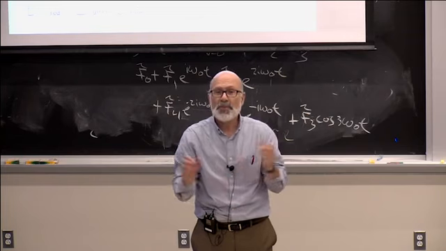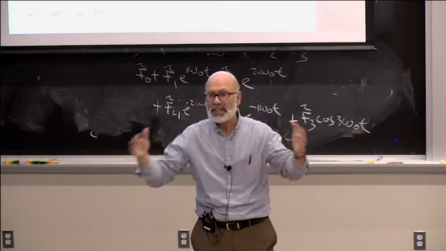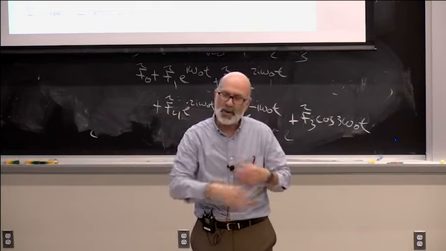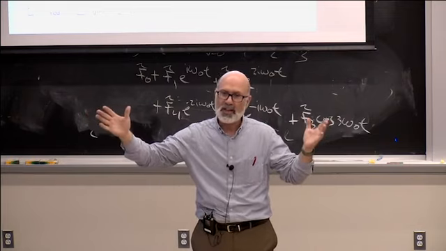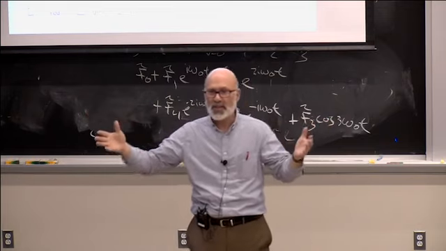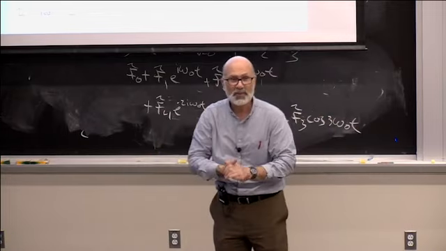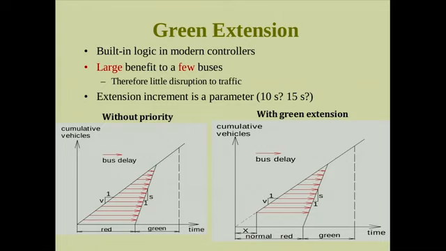Let's say 15% of bus arrivals at a signal. At a signal, but over a lot of signals. Yeah, if I'm running a route in which I'm going through 20 signals, on average I'll get that benefit at 15% of them. Well, that would be 3 times. 15% of 20. Yeah.